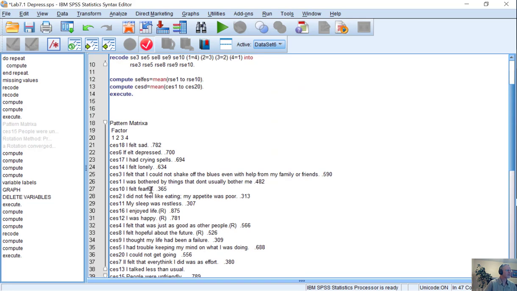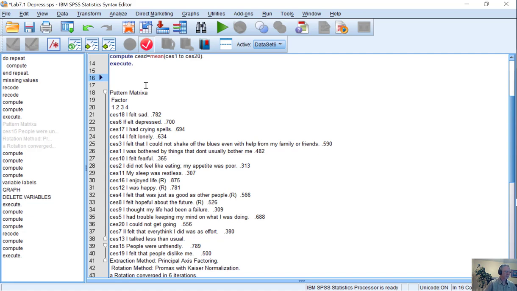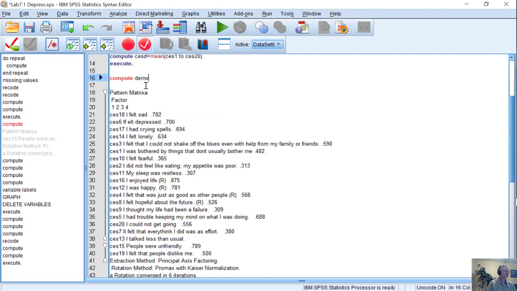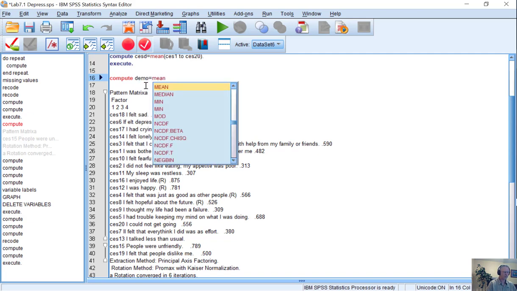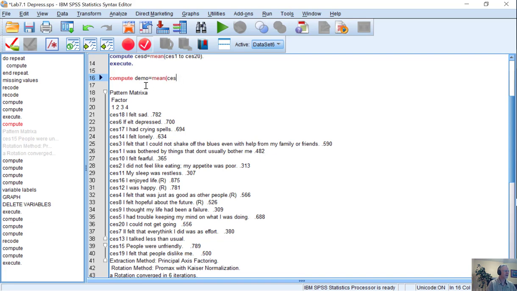And it actually is showing me the numbers so that I can see I could form, compute the emotion equals, making up a name, and I have CES 18, CES 6, CES 17, CES 14, CES 3, CES 1, CES 10, CES 2, CES 11, and that would be the end of it.